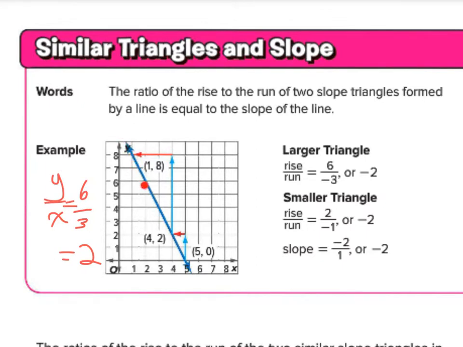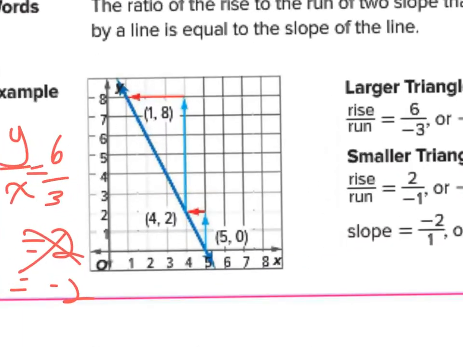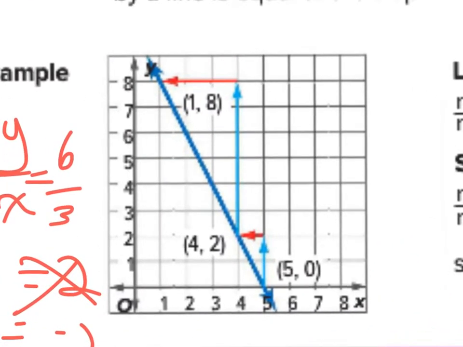But notice that it's sloping this way. It's not going upward, it's going down. So really, when we do our run, we move this way and then down. So this is actually a negative 2 because it's a negative slope. So we would write it as equals negative 2, not 2. We can see here that they've done the same. Now, let me just zoom in and explain this a little bit better right here. Because we are moving downward, one of the two values, either the x or the y, is going to have to be negative.